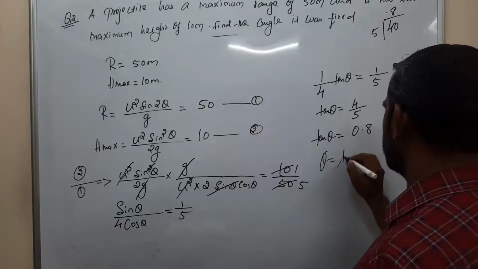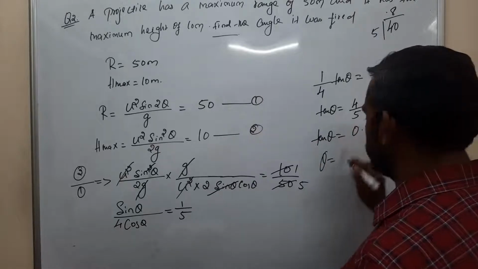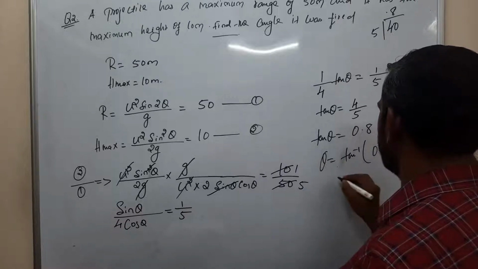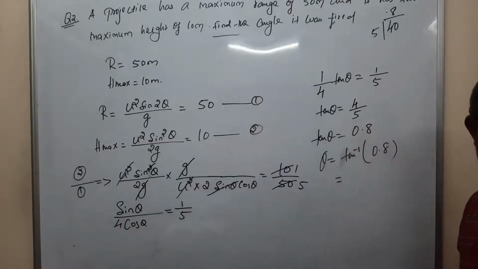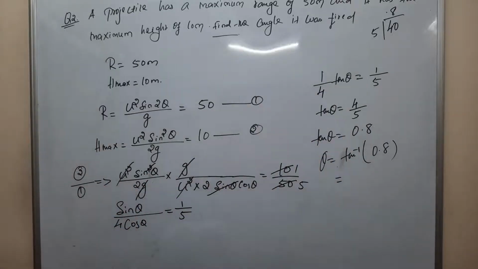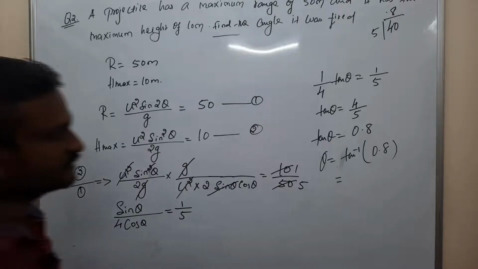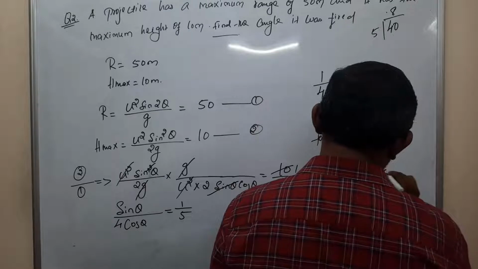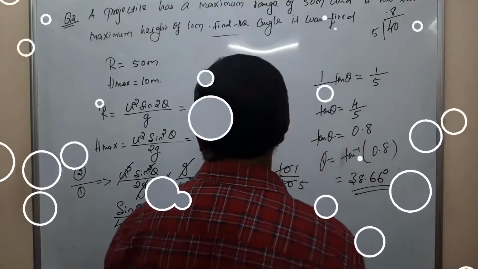So theta is equal to tan inverse of 0.8. What is the value? 38.66 degree.